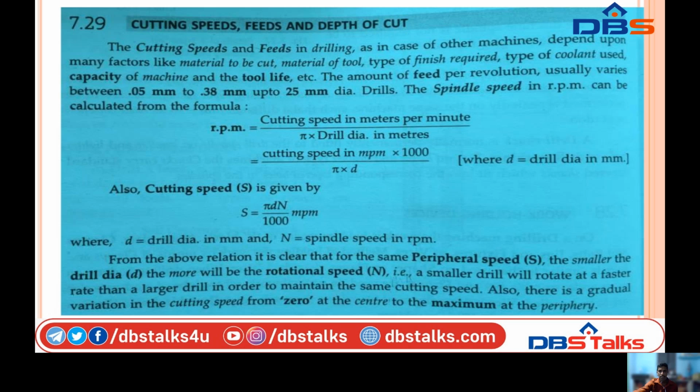The spindle speed in RPM can be calculated by N equals cutting speed in meters per minute divided by pi into drill diameter in meters. Cutting speed S equals pi D N by 1000. N is the spindle speed in RPM.